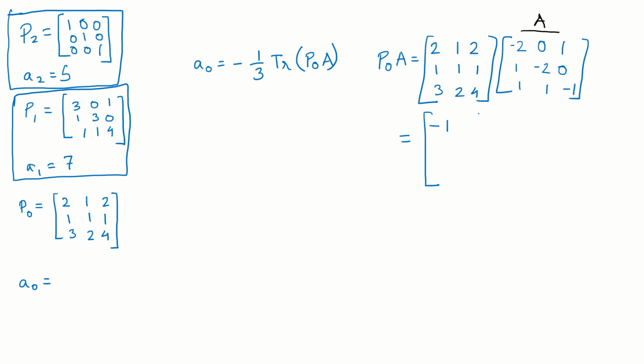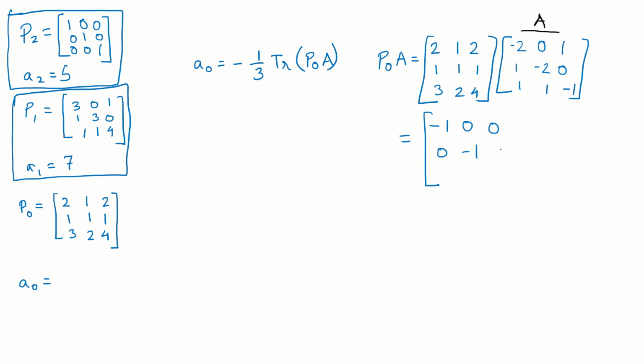So next one, this entry would be minus 2 plus 2, 0, then 2 minus 2, 0 again. Next one, minus 2 plus 1 plus 1, again 0. This one is minus 2 plus 1 minus 1.